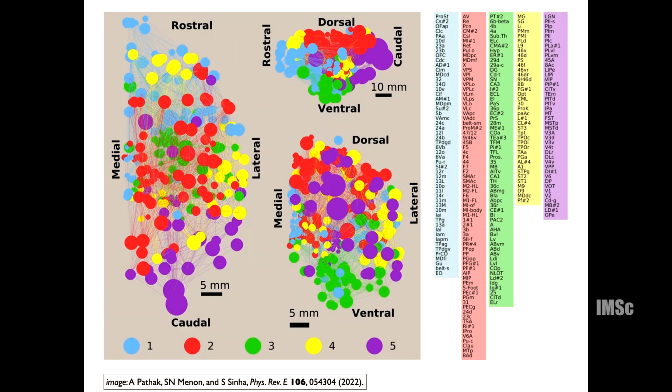It's not exactly proportional, but I forgot exactly what the scaling was. Broadly speaking, larger size equals larger volume. And the links are colored in accordance with the source, so a yellow link means it's coming from a yellow source, and so on. And this is the scale: that much is 5 millimeters. So you can imagine roughly what the separation between brain regions is.